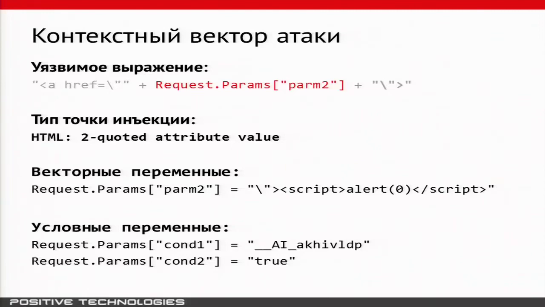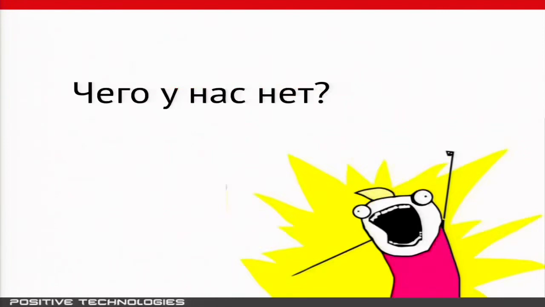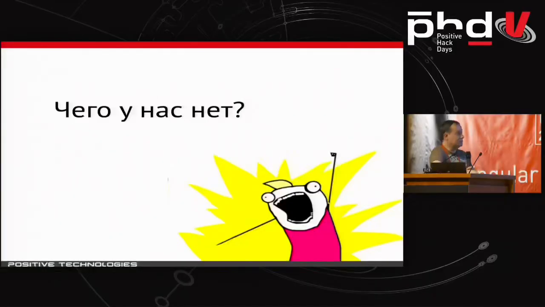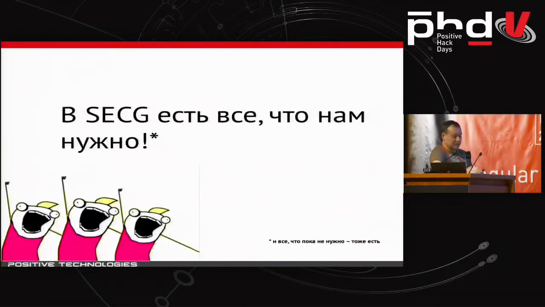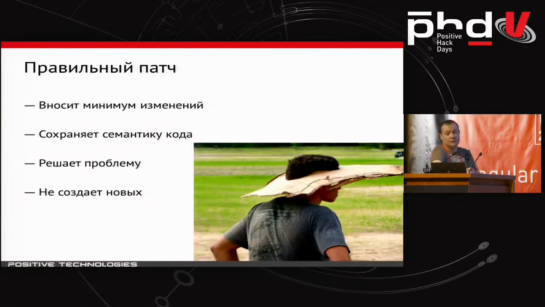So for the context, we built HTTP. We know that the entry point request params are parameters of the HTTP query. As the entry point is there, we just built an HTTP query that will exploit the injection. What do we lack? Effectively, we have everything we need. We have all the makings, and all we need is just to tinker a little bit with what we have.